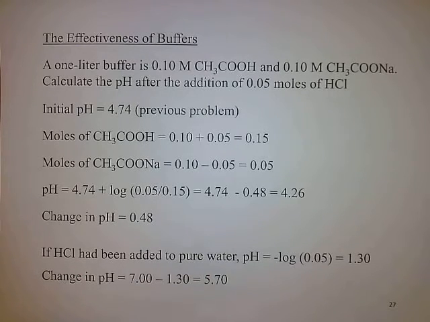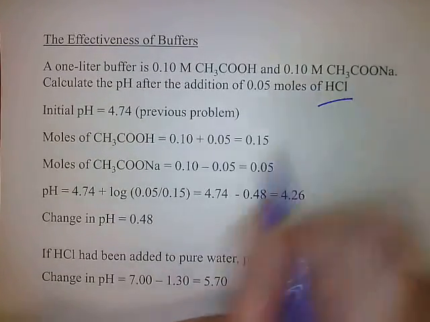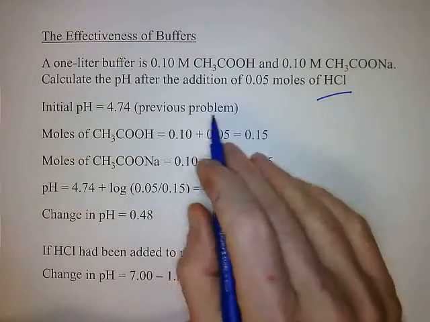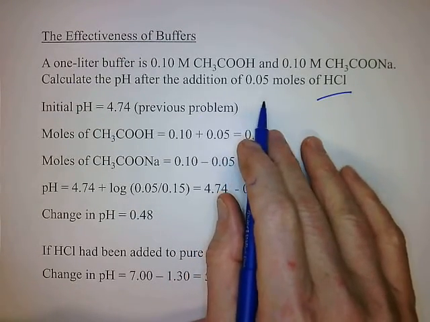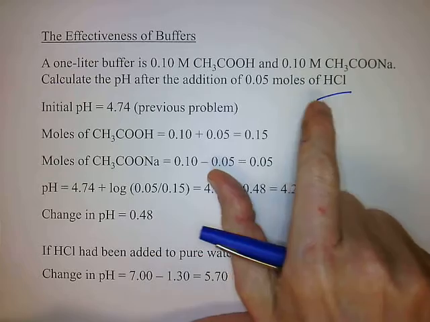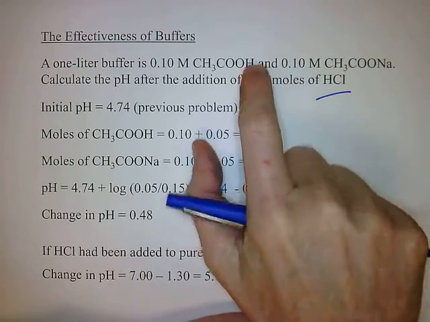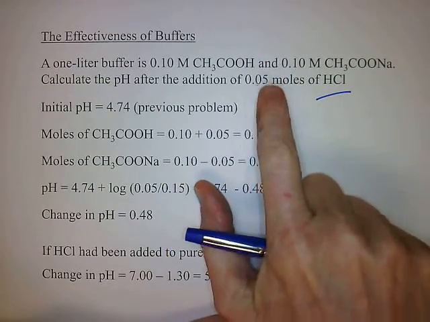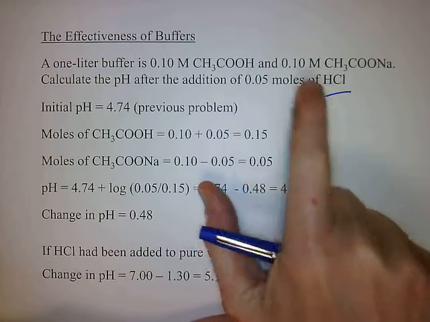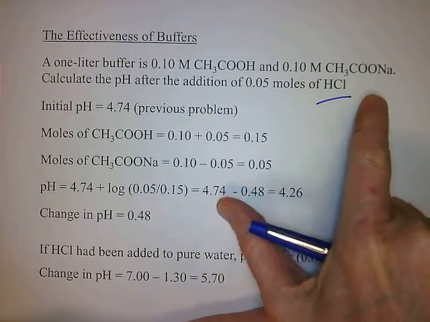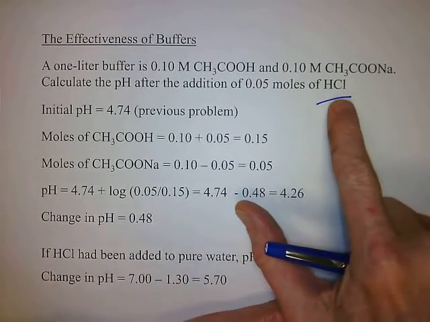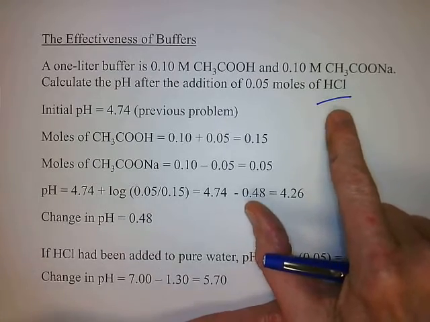So what happens? What are we adding to this buffer? We're adding HCl. Okay, we're adding 0.05 moles of HCl. So which component is the HCl going to react with, right? One more time, there's two things in the buffer. This is the acid form, and this is the base form. Okay, so we're adding acid.